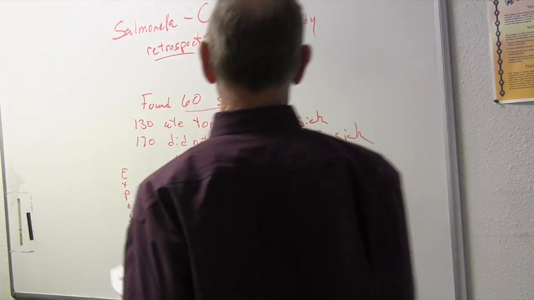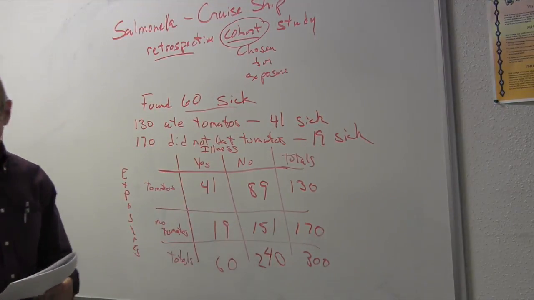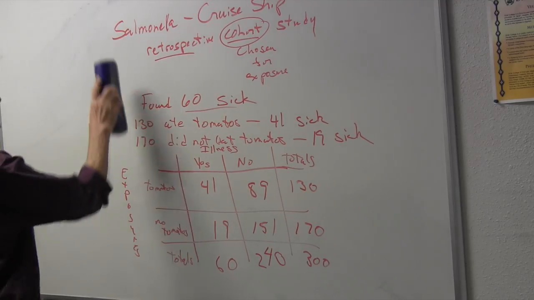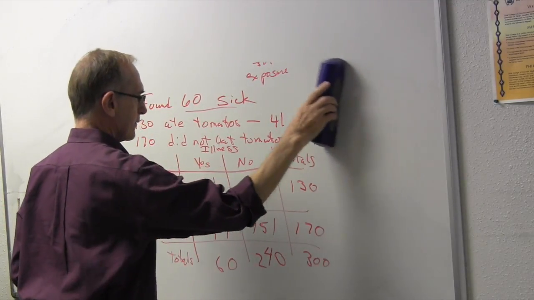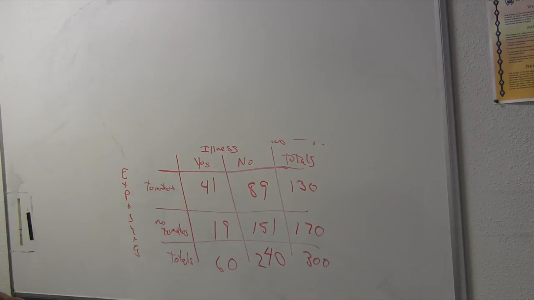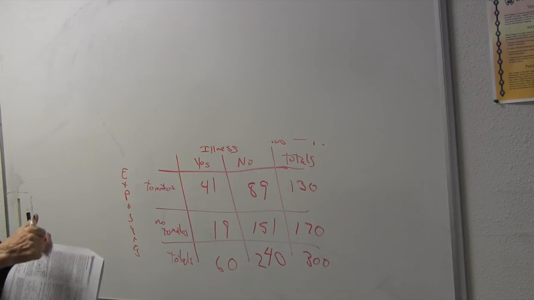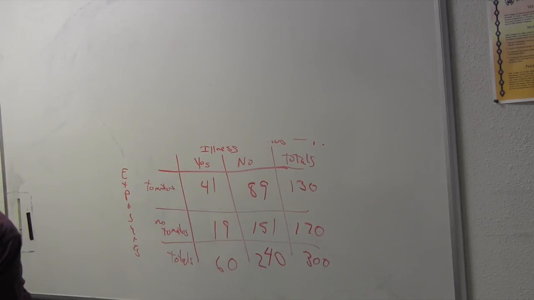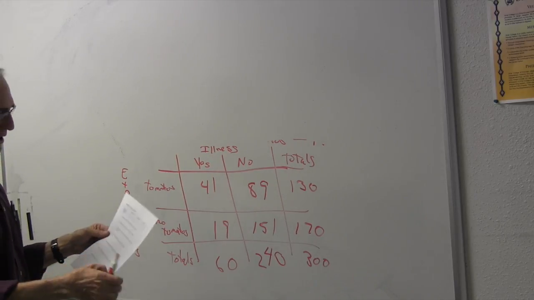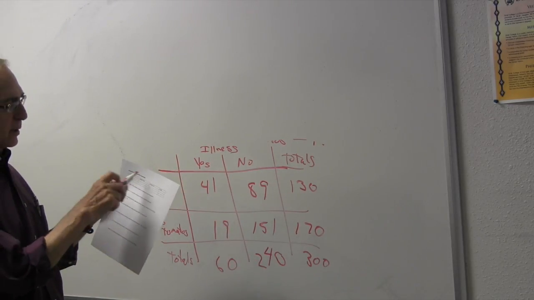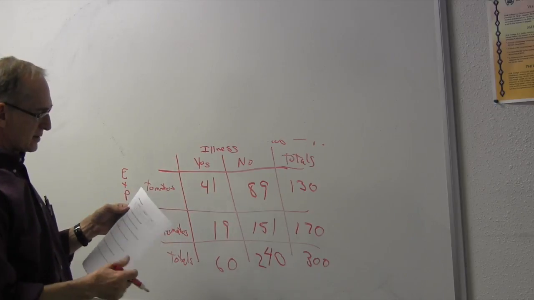I just don't have a lot of room to do much else here, so I'm going to erase the top. Okay, so now I'll use the top. Red, for some reason, seems to be a good color to show up on the camera. All right, so now let's go to our worksheet on chapter 3, where we have that blank table that you can make at the top.